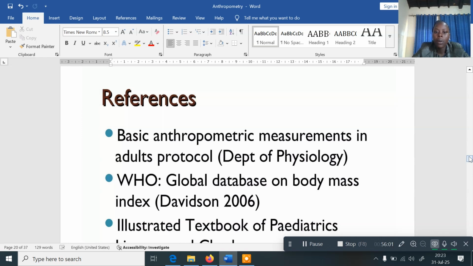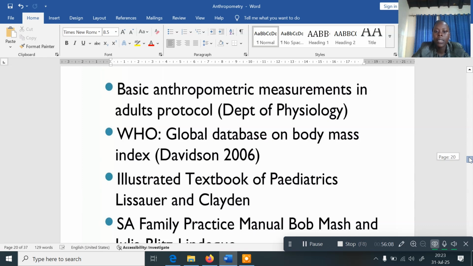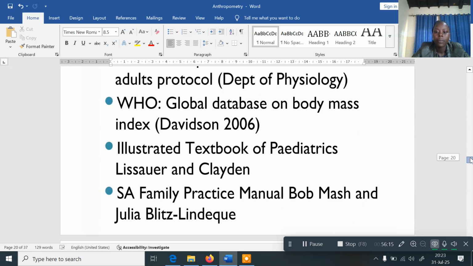Then we also have the WHO Global Database on Body Mass Index, the illustrated textbook of pediatrics by Lissauer and Clayden, and also the Family Practice Manual by Bob Mash and Julia. So those are some of the references that we used. You can visit one of them to get more details on anthropometry and anthropometric measurements.